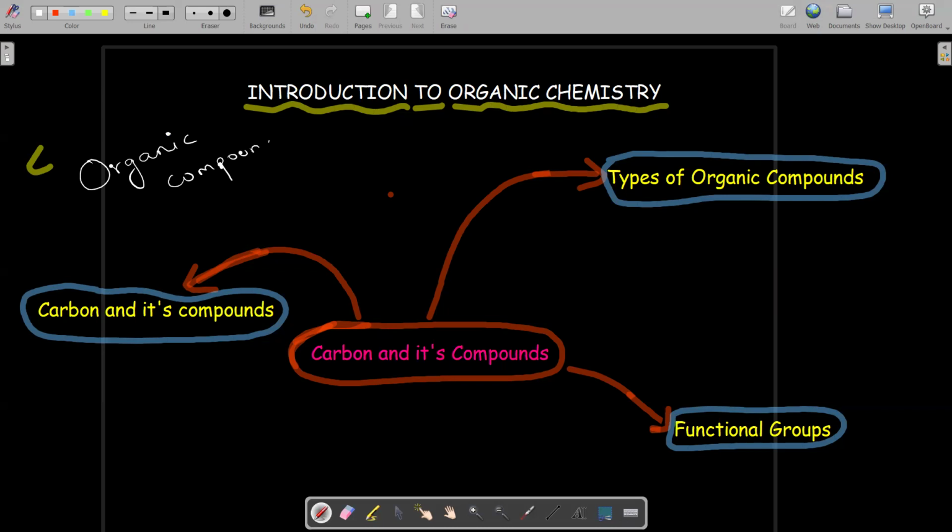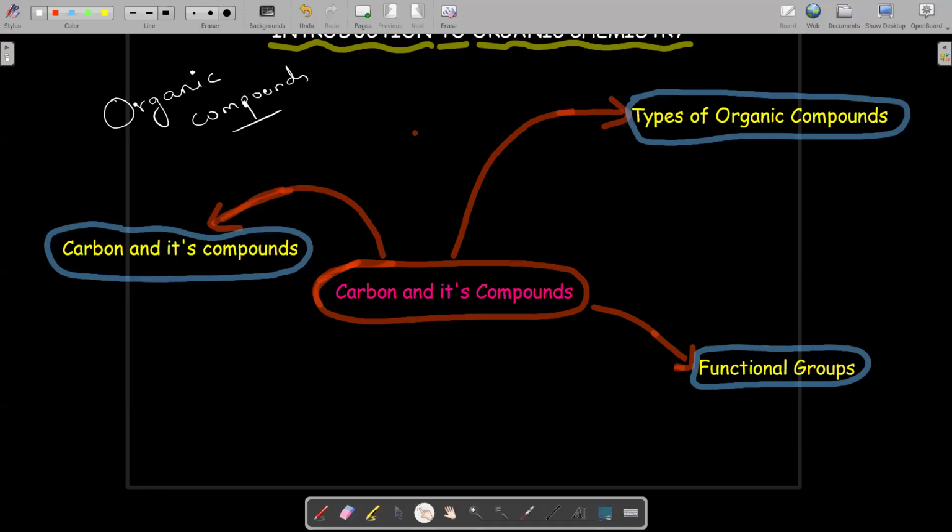Now, the number of carbon compounds that it forms is so large that a separate branch of chemistry is studied. You know what that branch is called? It's called organic chemistry. Okay, so let's continue with carbon and its properties.